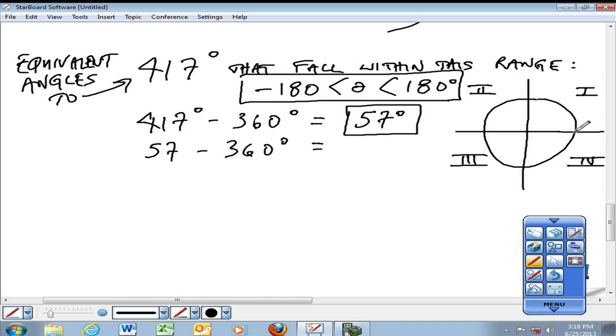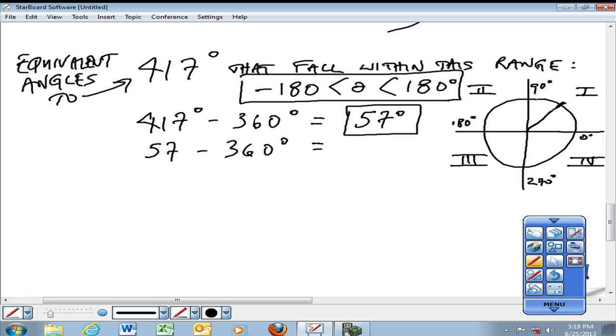Just quick and dirty, that's 0 degrees, that's 90, that's 180, this is 270. By subtracting a revolution, 417 degrees is the same place as 57.